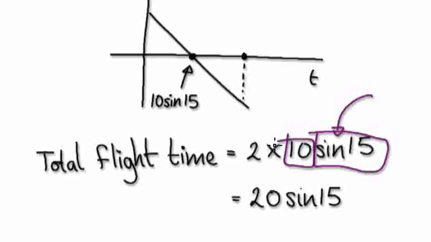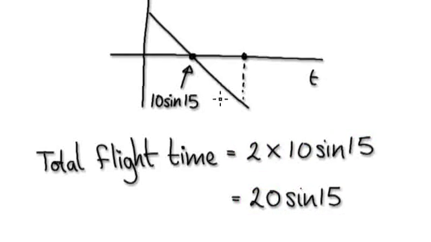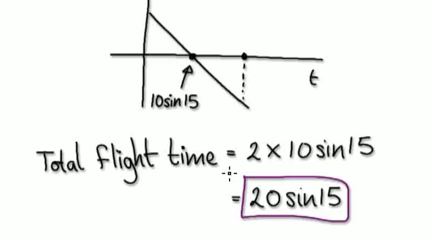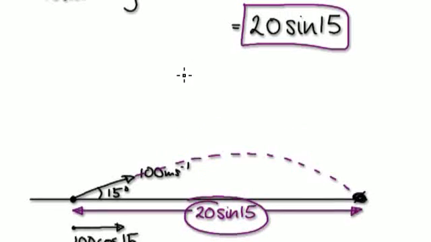Remember that this is just a number. So let's merge these two together. So that's 20 sine 15. So the total flight time is given by this. Looking back here, the total flight time is 20 sine 15. We just worked that out here.